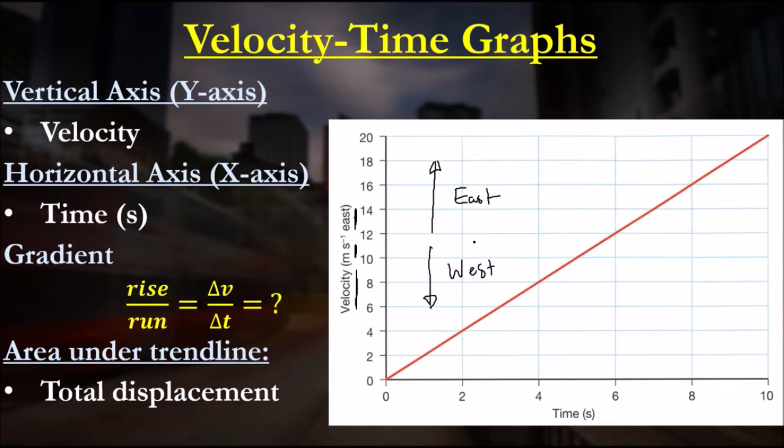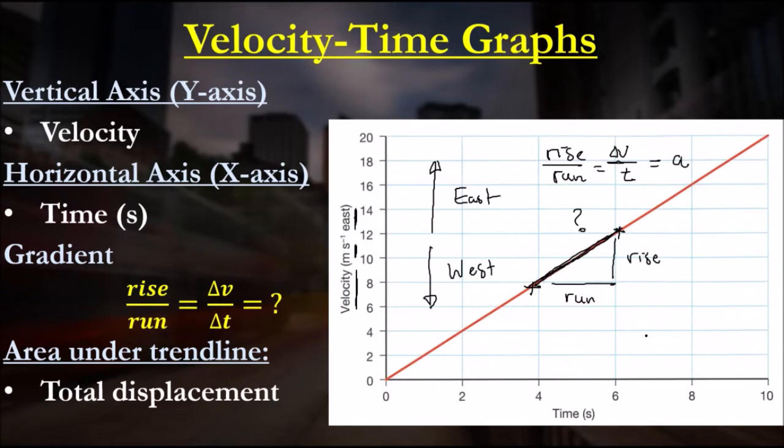Next part is, what does this trend line show us? We have the rise, and we have the run, rise over run. Our rise is velocity, our run is time. Velocity over time, or the change in velocity over time, gives us acceleration.